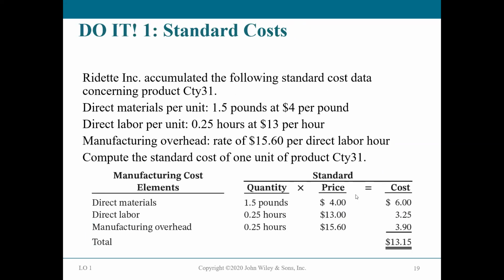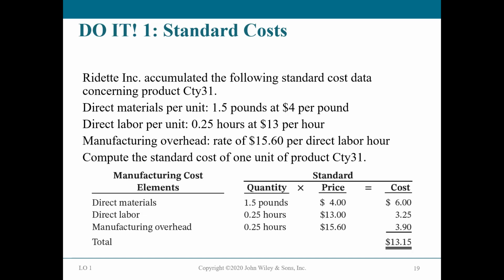All right, let's change scenarios for a second. We want to look at Redette Inc. They accumulated the following standard cost data for this product. They have direct materials per unit, 1.50 at $4, direct labor, 0.25 hours at 13, and manufacturing overhead, $15.60 per direct labor hour.